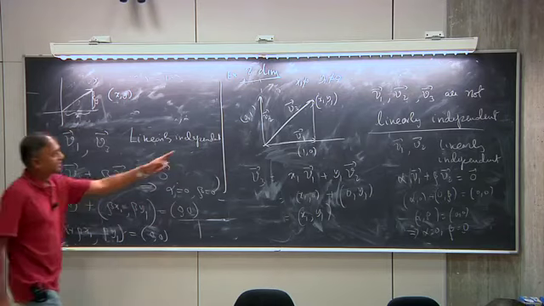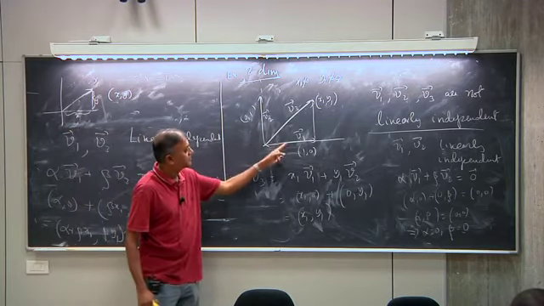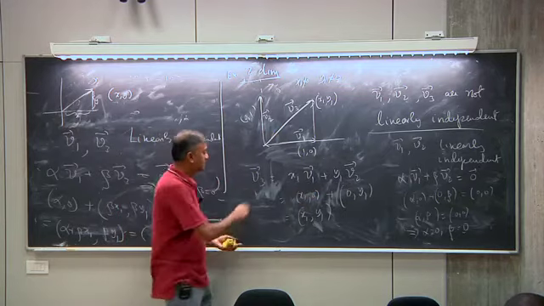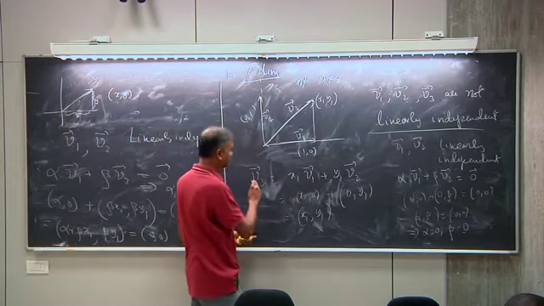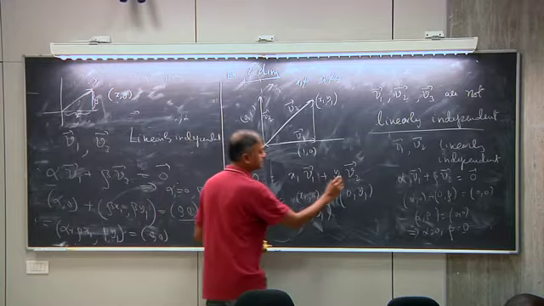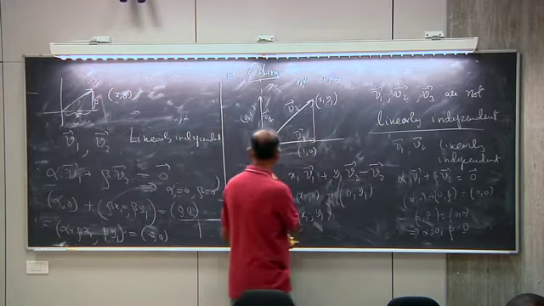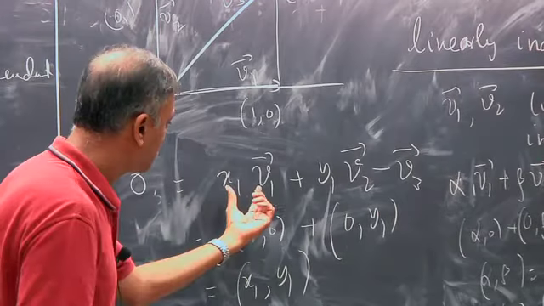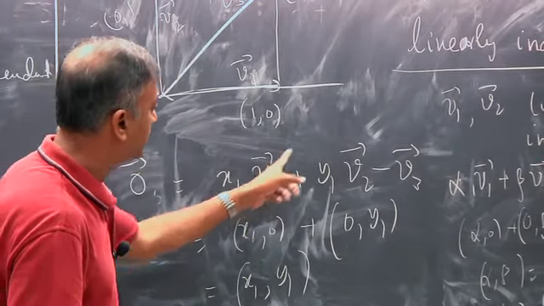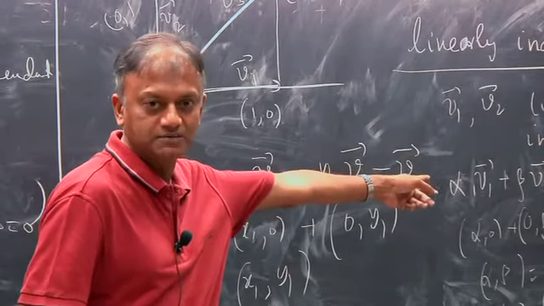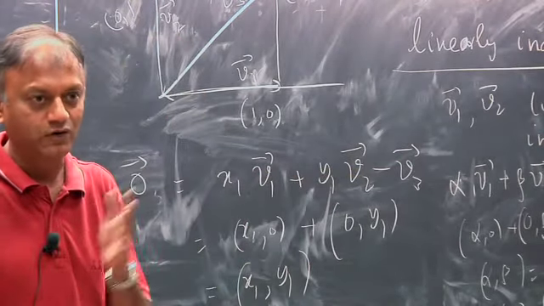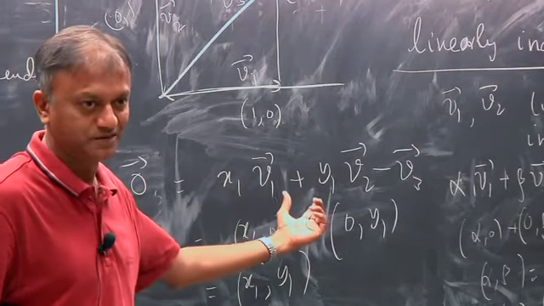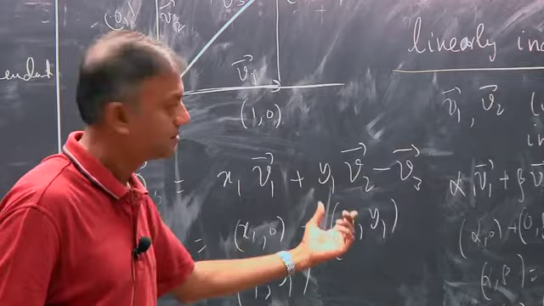On the other hand, when I consider all three vectors together, you see they satisfy this condition. So I can, for example, take this to the other side, and you get this minus V3, which is the null vector. So now I have a solution.